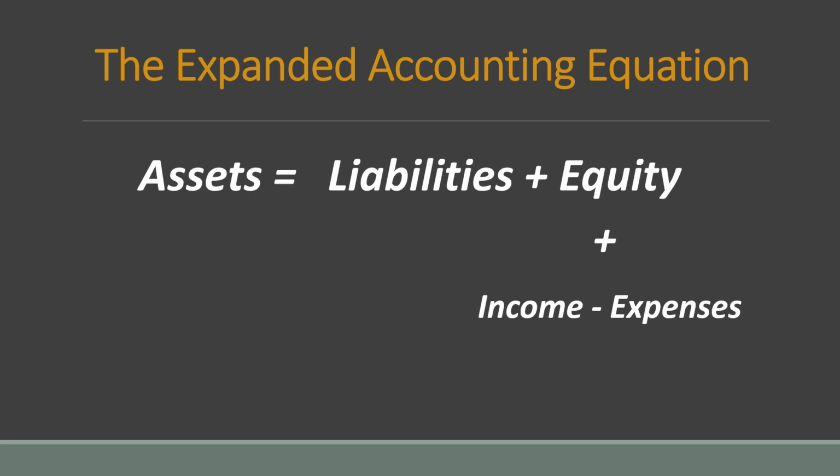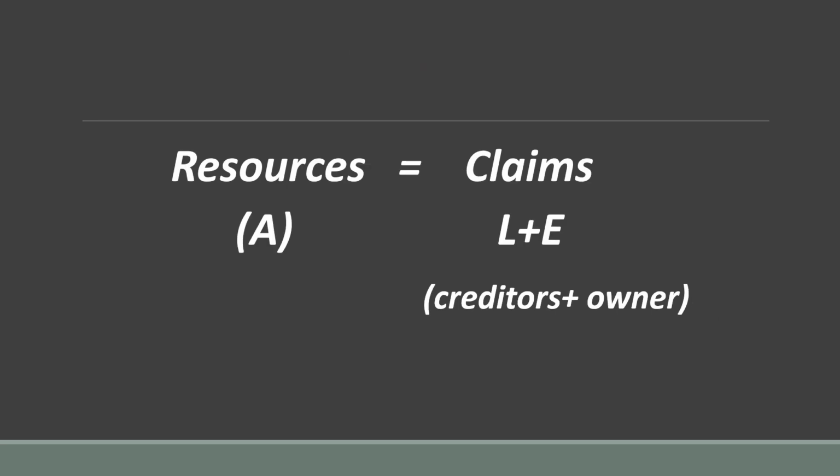So, the formula shows that in a company, their total resources equals the total claims. So, makikita natin that the total resources equals, and these claims come from claims of creditors and claims of the owners. So, in other words, an asset or resources can either be claims of creditors or claims of the owners.